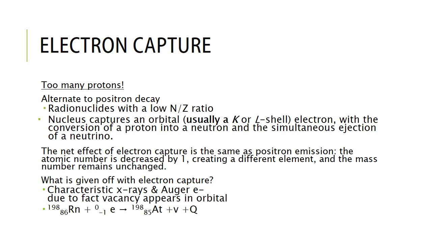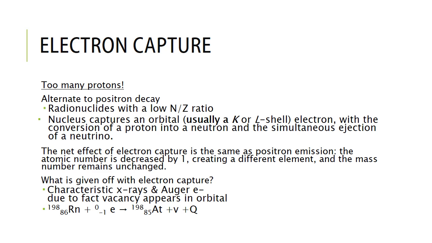When that occurs, there's not going to be a characteristic X-ray emission. Instead, it's going to be a very monoenergetic electron, which is called the Auger electron. And that electron ejected from the atom is going to carry away the excess energy of the excited atom.